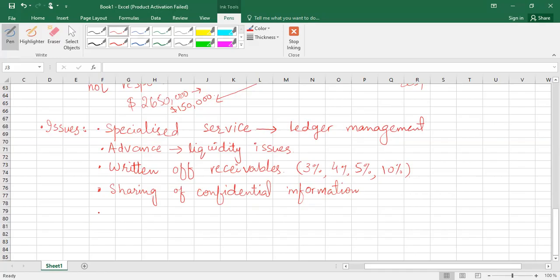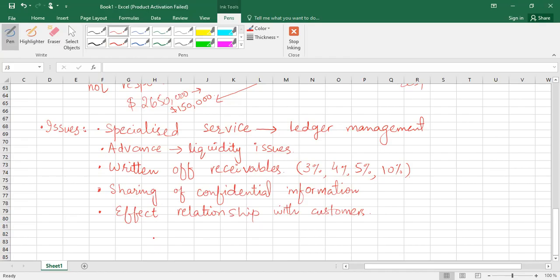Apart from this, it can affect your relationship with your customers, because the factor company has no interest in your customers. They have no interest in your business. They have no interest in your reputation or in your brand image. They only have the interest in their advance amount which they provided you, and they want to recover it from your credit customers.